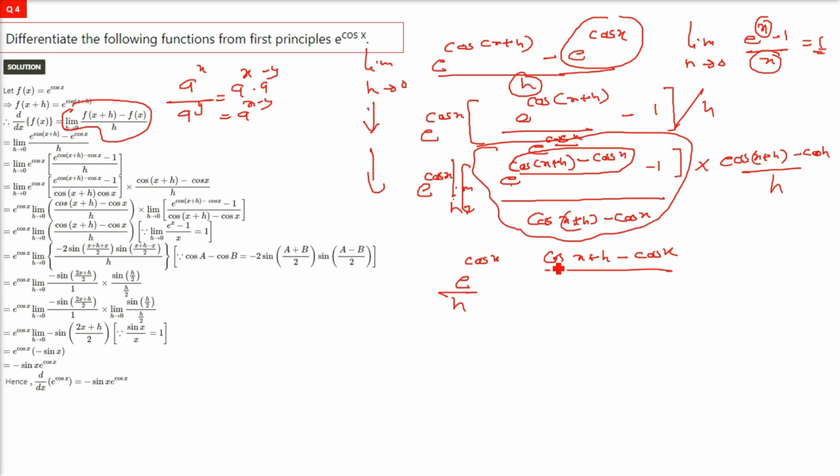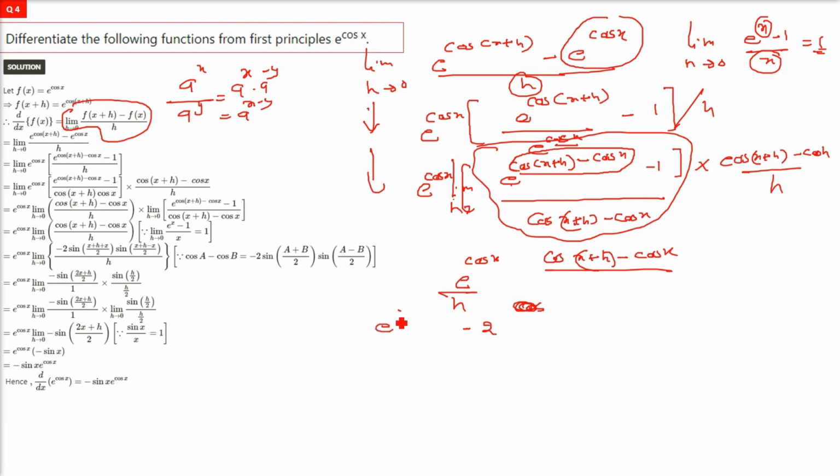Now this cos(x+h) minus cos x, which is cos a minus cos b, is simply minus 2 sin((a+b)/2) sin((a-b)/2). This formula I think you know from previous classes.